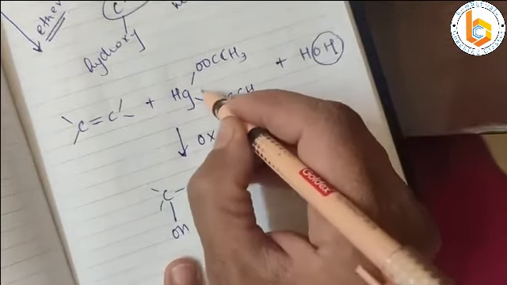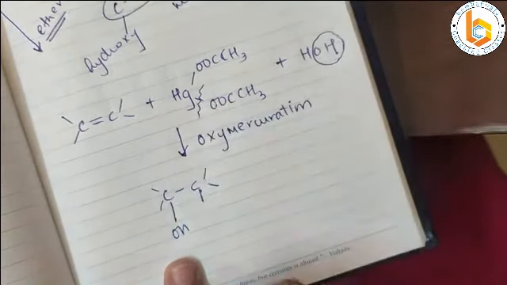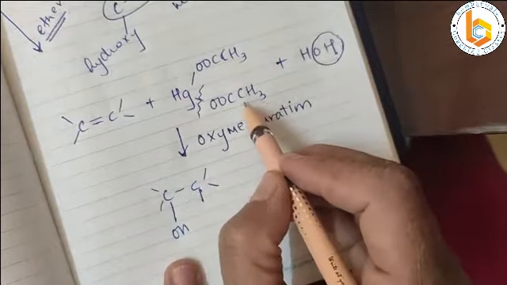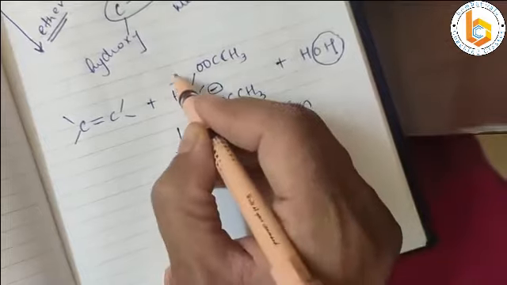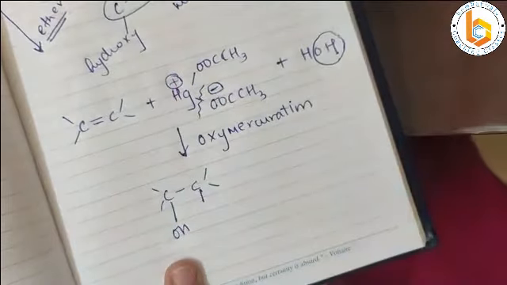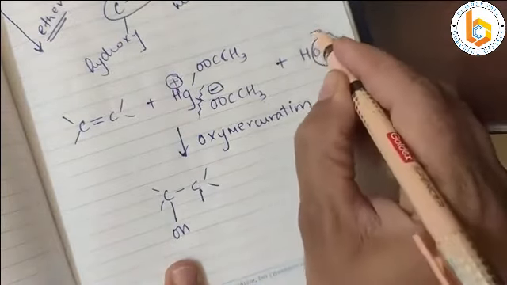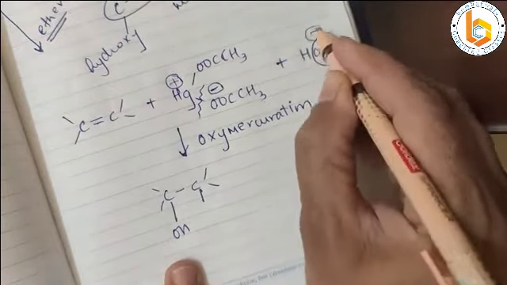So initially, this will break down like this. This will be CH3COO negatively charged, and this will become positively charged. Correct? One negatively charged hydroxyl group has come over this carbon.